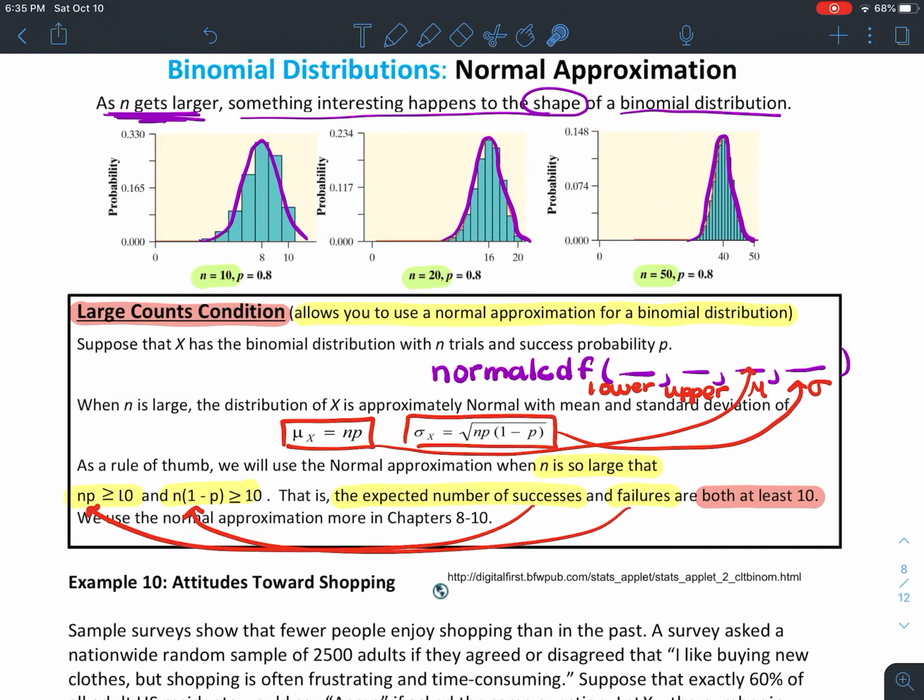Remember, n times p is just the average, what you're expecting the number of successes to be. So n times p has to be greater than or equal to 10. That's representing the number of expected successes, and then also the number of expected failures. So n times 1 minus p also has to be greater than or equal to 10. If both of those are at least 10, then it meets what's called the large counts condition and allows you to use the normal distribution calculations.